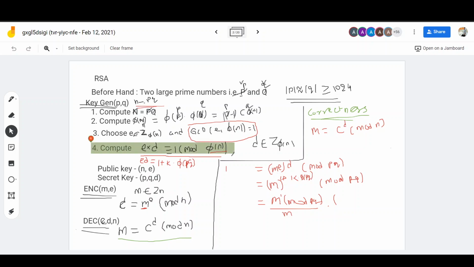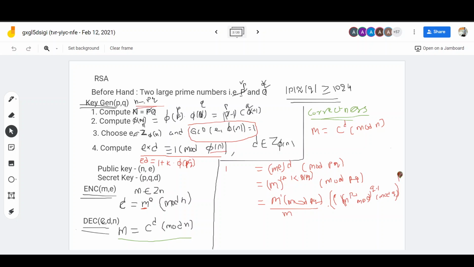Just check how I am rewriting. This is m to the power p minus 1 of mod p, whole to the power q minus 1 of mod q, whole to the power k.